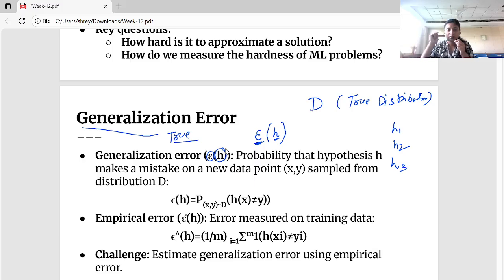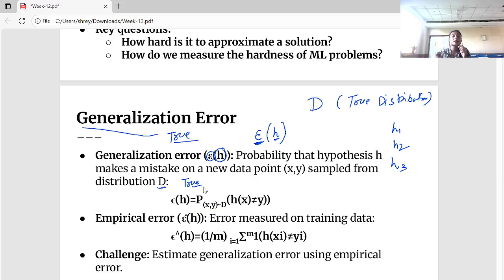So let's define this generalization error. What does generalization error say? It is the probability that hypothesis H makes a mistake on a new data point (x, y) sampled from distribution D. Here this distribution D is the true distribution. It means that if I pick any sample from around the world and you have some hypothesis, what is the probability that your model will make a mistake?